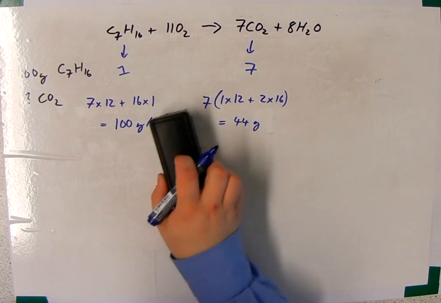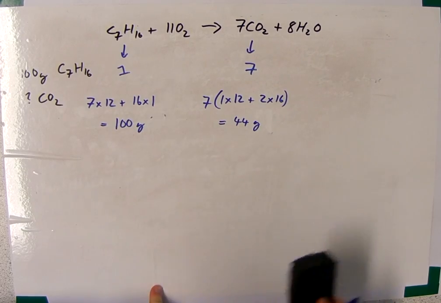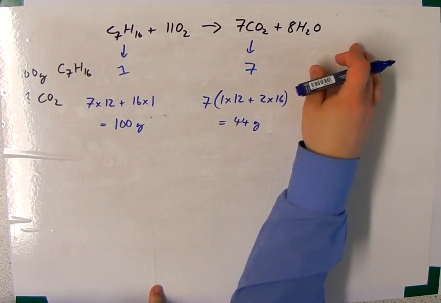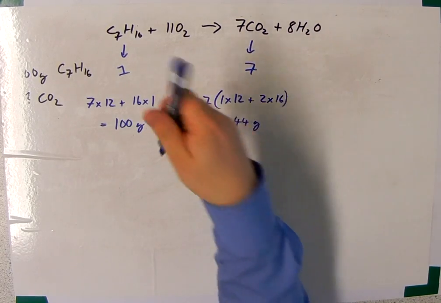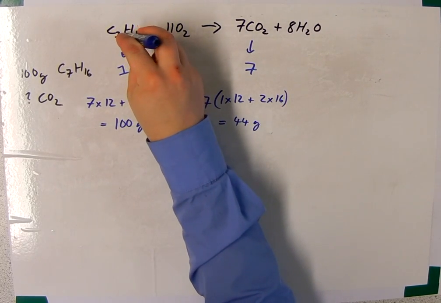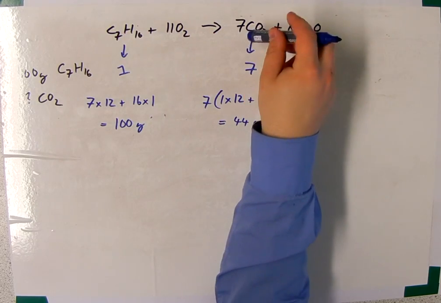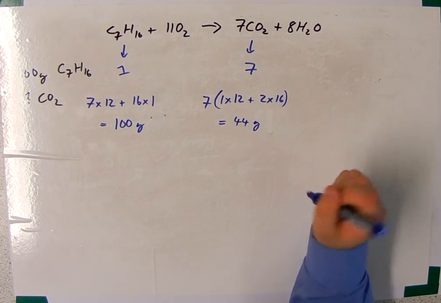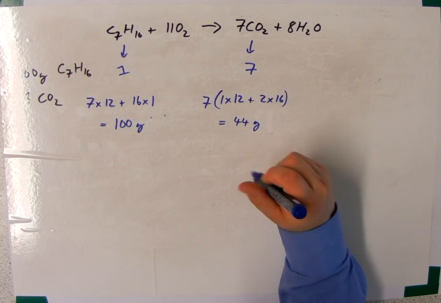I've added these moles in, not actually correct. We know how many moles we've got from here. We assume that the numbers refer to 1 mole. So this is 1 mole of the heptane reacting to form 7 moles of the carbon dioxide. So in fact, 100 grams will give us 44 grams.